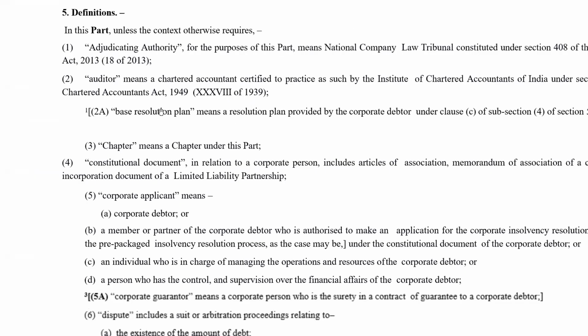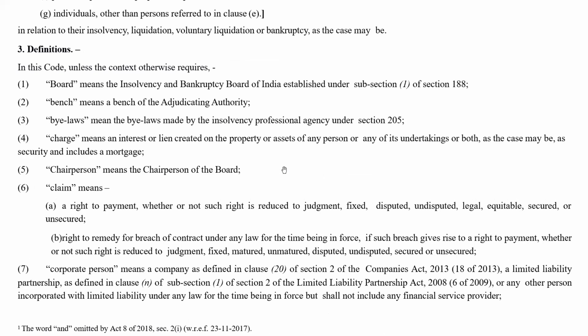So let me show you section 5 also side by side. So this is section 5. In section 5 they say in this part, right? But in section 3 what are they saying? In this code. So definitions which are given in section 3, they apply to the whole of the code, whereas definitions which are given in section 5 or section 79 or various other sections, they apply to that particular part only.